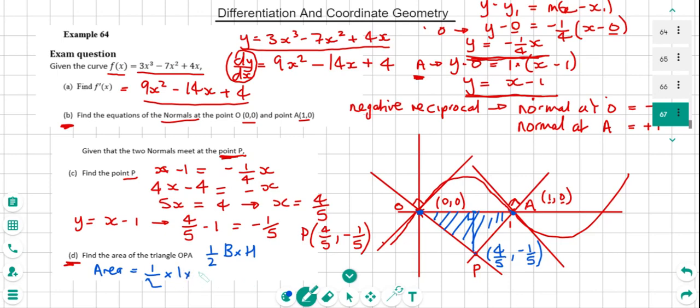So times 1/5, and that's equal to 1/10, which is 0.1 if I want it as a decimal. And that's it.